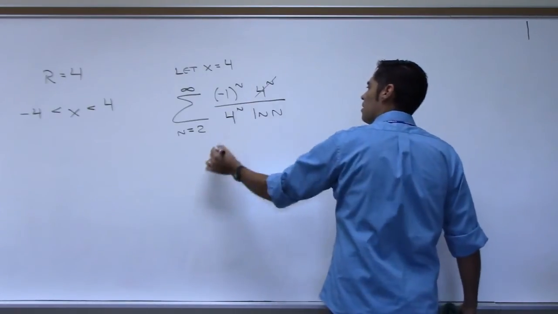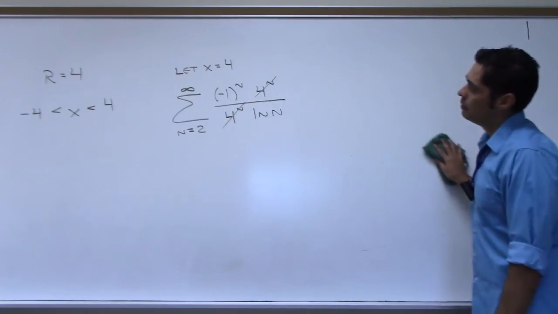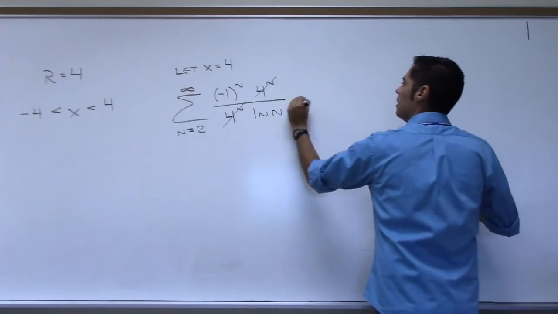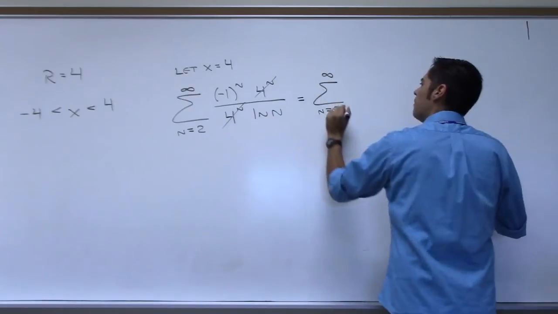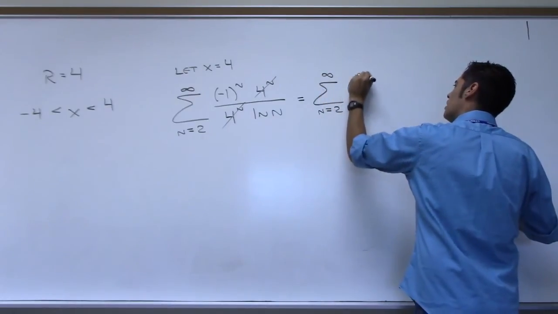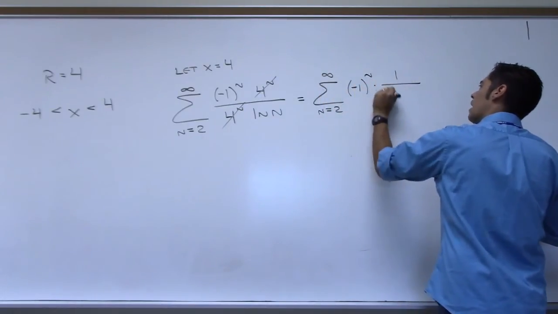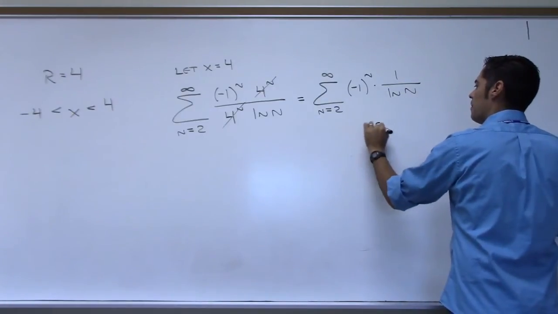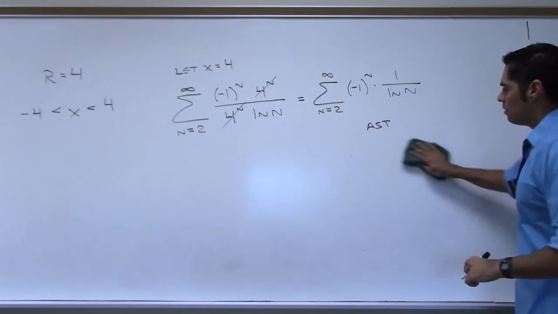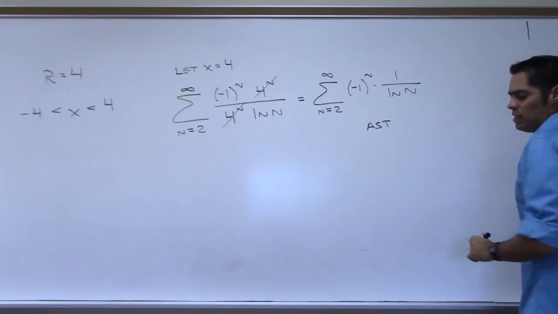And these don't matter, right? They're gone. So this is going to be sum n equals 2 to infinity of negative 1 to the n times 1 over natural log n. This is an alternating series. And so I'll run the alternating series test on this.